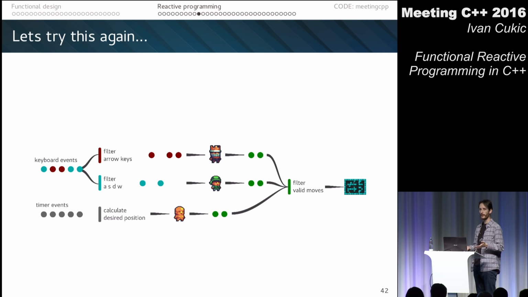And if it's a time-based event, then you want the AI of the baby to kick in and generate the moves for the baby. Then you just join all those streams, filter by valid moves, and then pass it on to the world. So we have completely different components that are completely separate from one another, and they work really well.